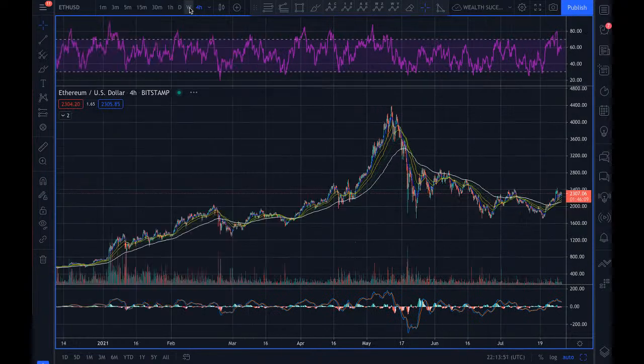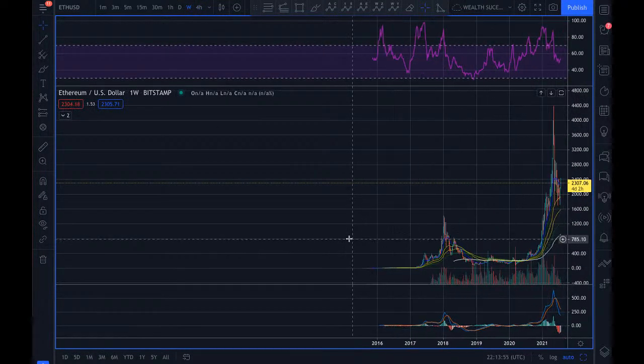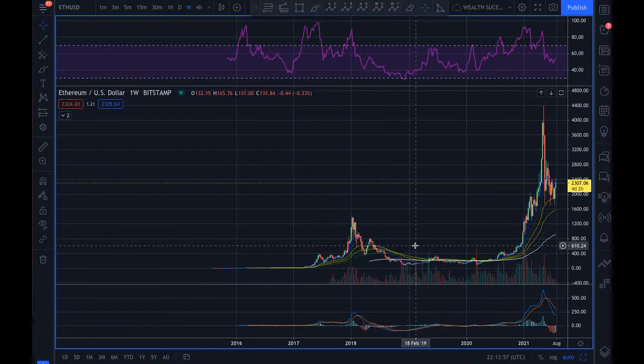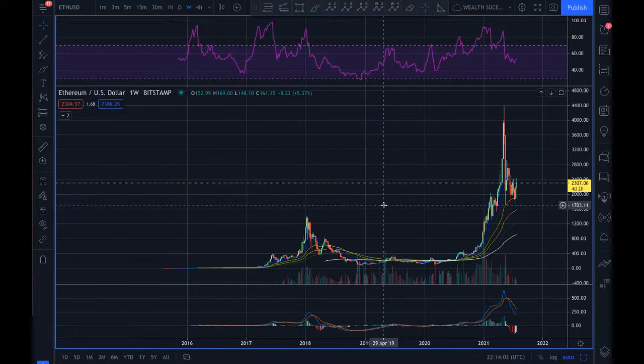Okay, so Ethereum, let's check the weekly. Interesting. Ethereum is in wave 4, I believe.